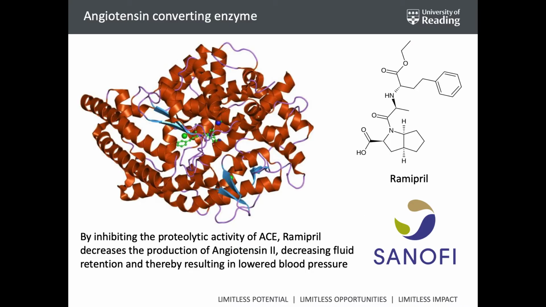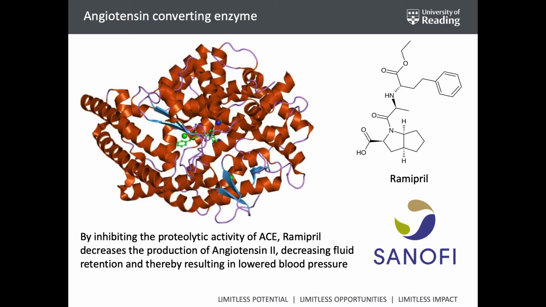A number of drugs, including ramipril, originally developed by Sanofi, target angiotensin converting enzyme and competitively inhibit the activity of this enzyme. And here again, you can see a crystal structure of angiotensin converting enzyme. Instead of the peptide that it's meant to be cleaving in the active site, this has ramipril bound.